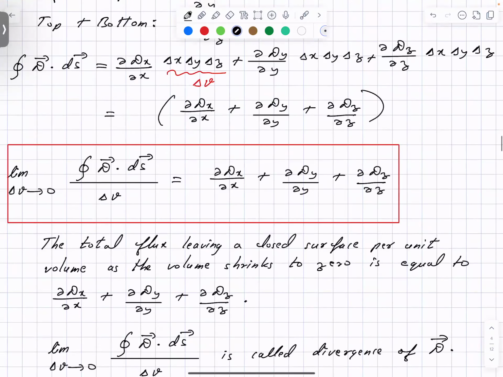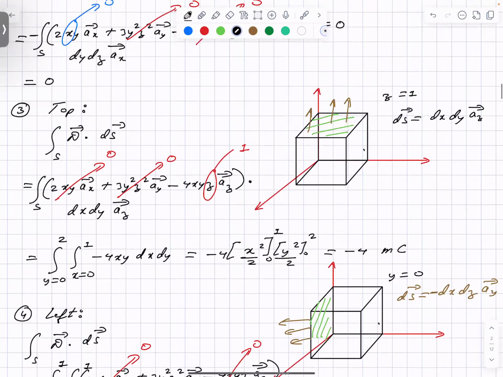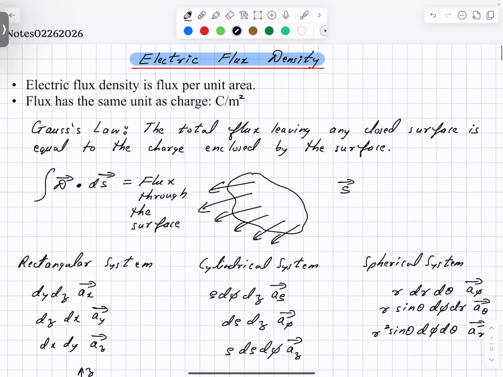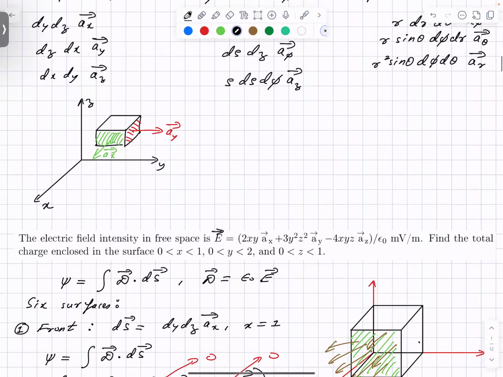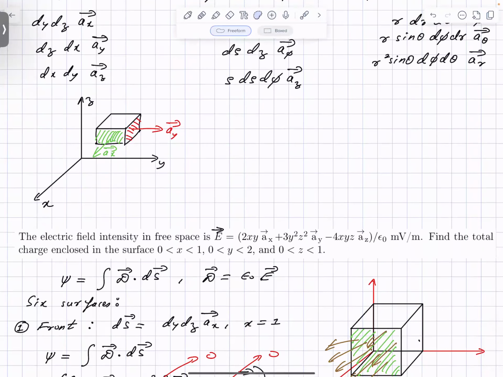They are both vector fields, but they are closely related. So let me see if I showed that in the beginning. No, it was in the previous lecture. D is equal to epsilon naught times E. So they are both used to quantify or characterize an electric field. The difference is just the scaling factor, epsilon naught, which is a medium dependent parameter.